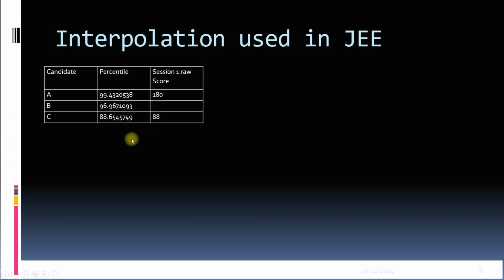Let's do an example from JEE. Here we have 3 candidates, A, B, C, and 3 percentile scores are given.